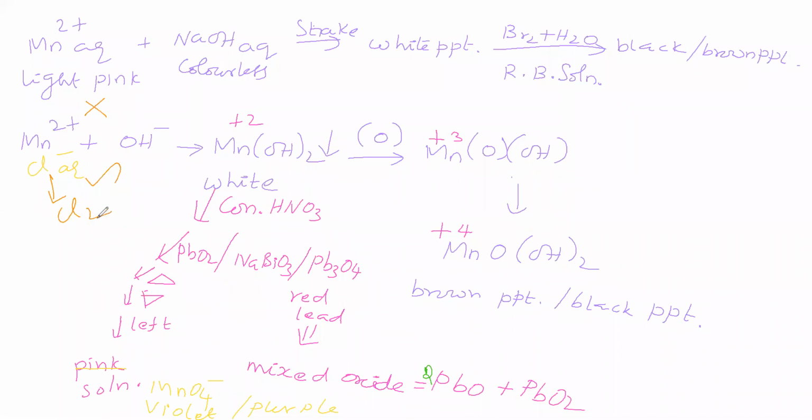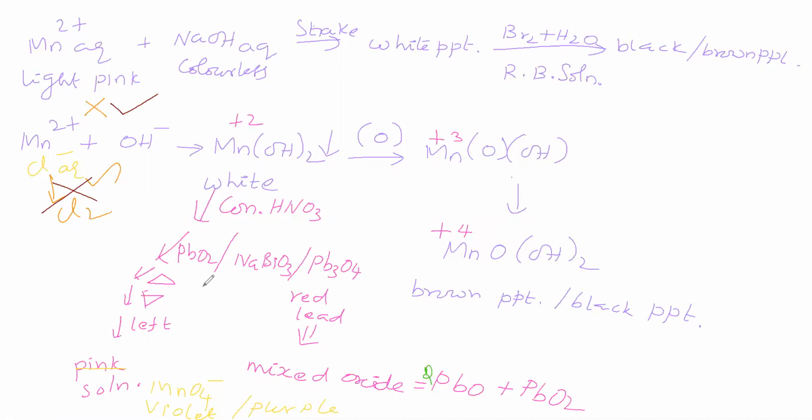So now what do we want to do? We want to avoid this step. We want to make Mn2+ convert into permanganate. So how to avoid this? We add hydroxide and precipitate Mn2+ like this. Now Mn2+ is present in the form of hydroxide, not chloride, so Cl minus is not there.